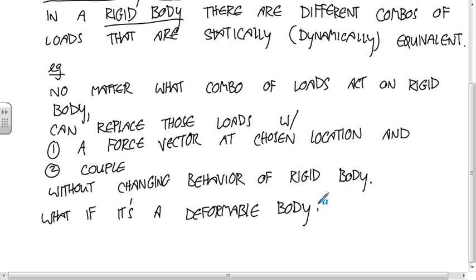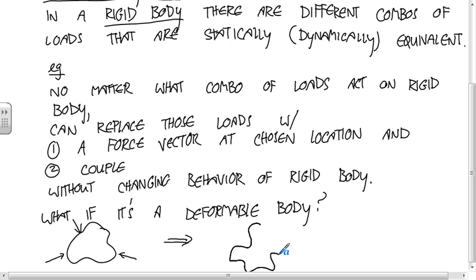So what if it's a deformable body? Then consider an object with a force here, and a force here. So what's this body going to do under these loads? It can deform, so it's going to bend in here, it's going to bend in there, right?